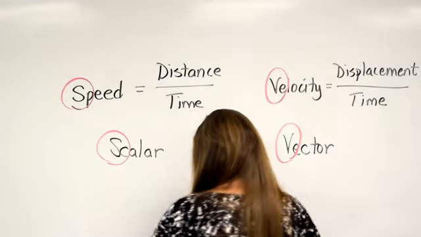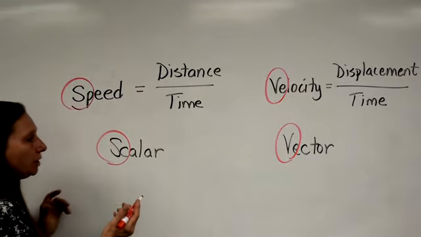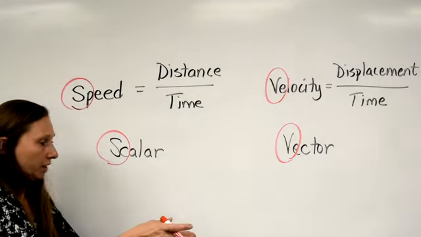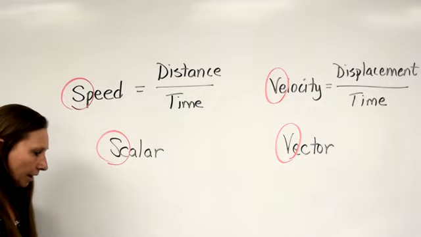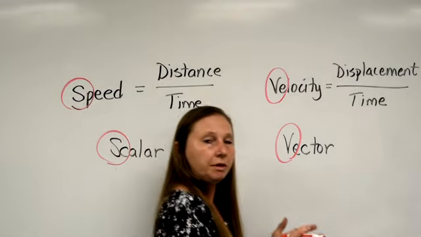Now, just placed very simply, if I were to state a speed, for example, if I happen to be going in one direction, let's say we were going that way, my speed could be 3 meters per second.